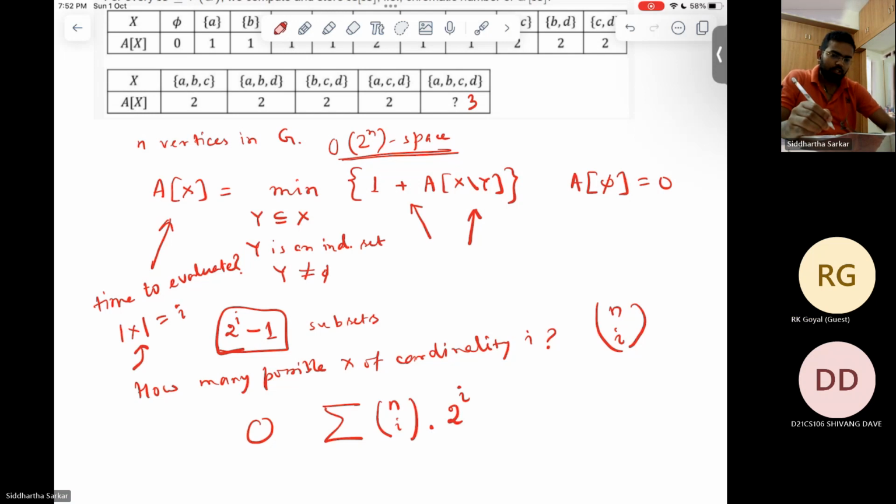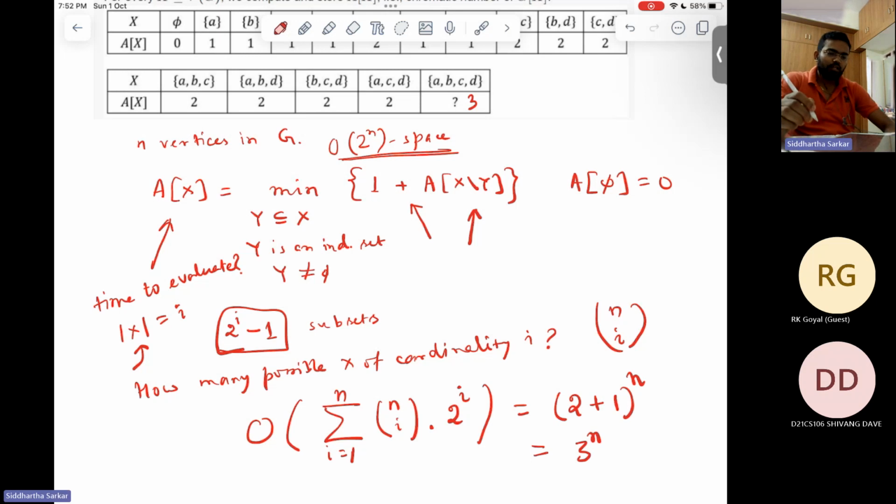Here i goes from 0, though 0 is not necessary because we already know that base case. So we are looking at 1 to n only, but 0 to n is also fine. So this is nothing but the binomial expression for this thing. So that is the running time.